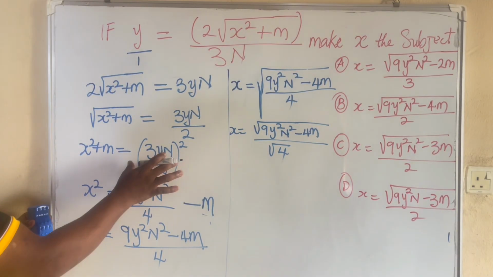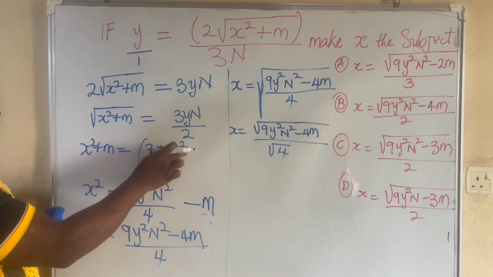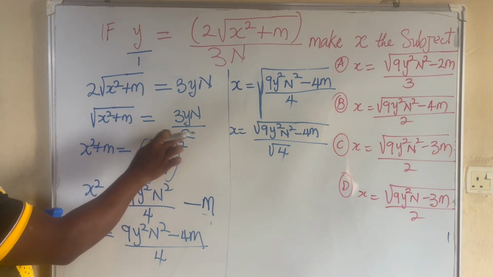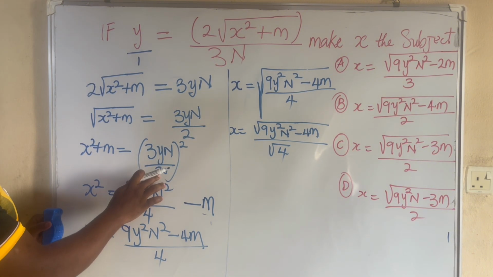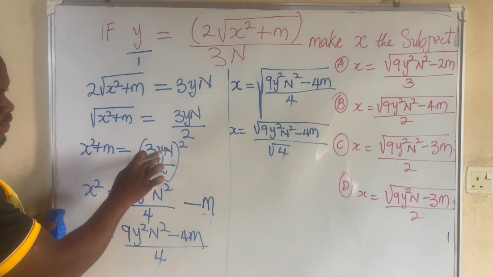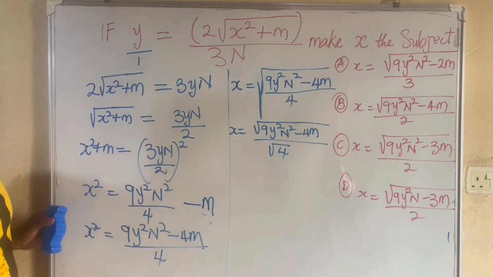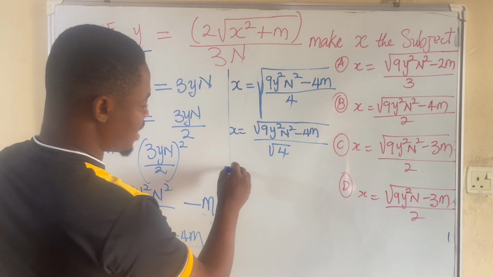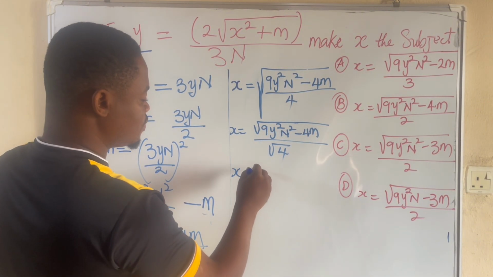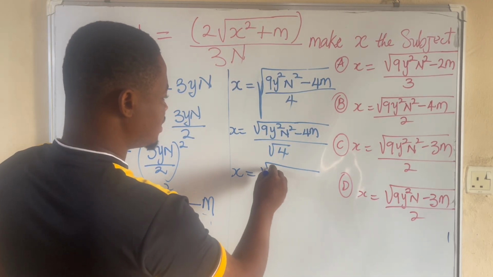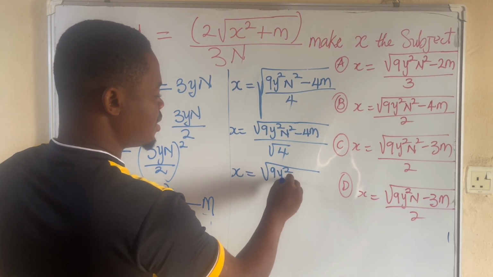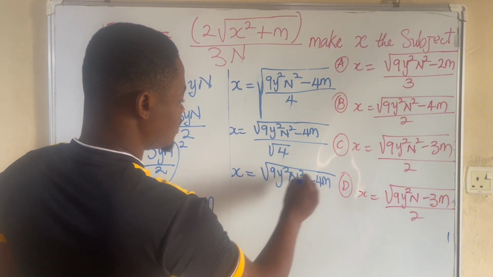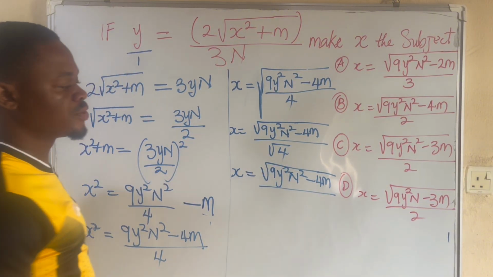The same thing we did here when we squared this. We said 3 raised to the power 2, y raised to the power 2, n raised to the power 2, and also 2 raised to the power 2. The square here affected the numerator and equally affected the denominator. So this implies that x is equal to the square root of 9y squared n squared minus 4m, all divided by, what is the square root of 4?